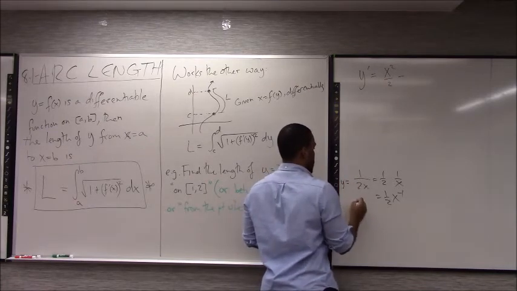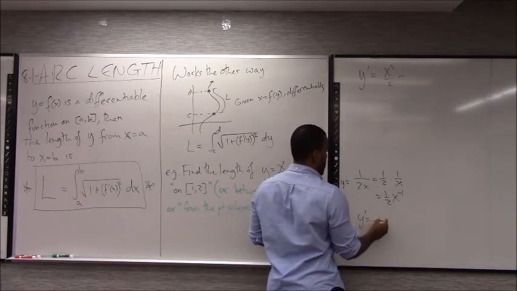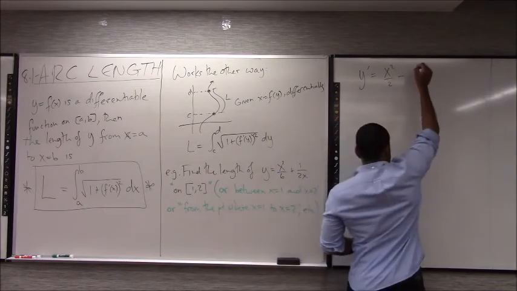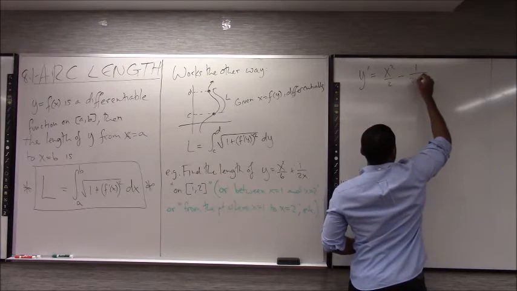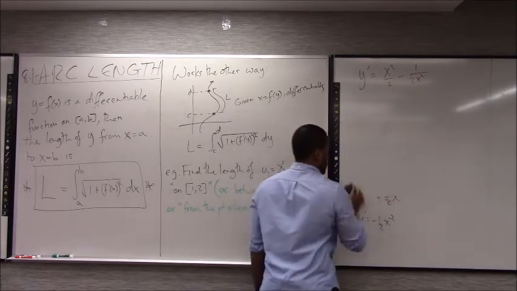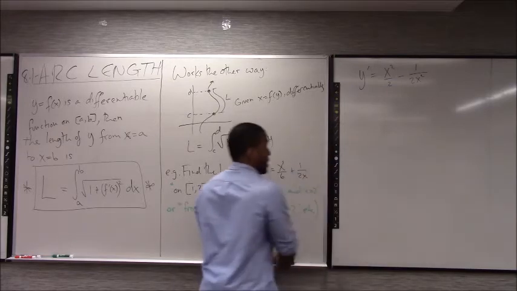So that's your y, then your y prime would just be minus 1/2 x to the minus 2. Okay? So this is basically 1 over 2x squared. Rewrite that through the power rule, and that's your derivative.